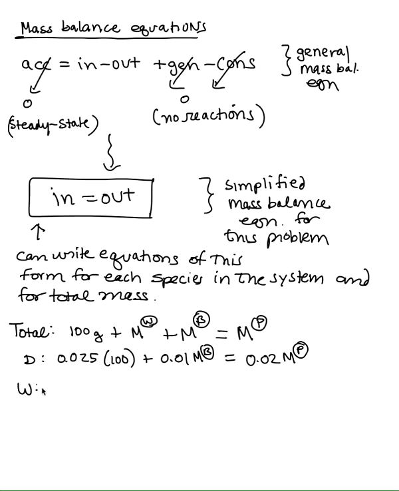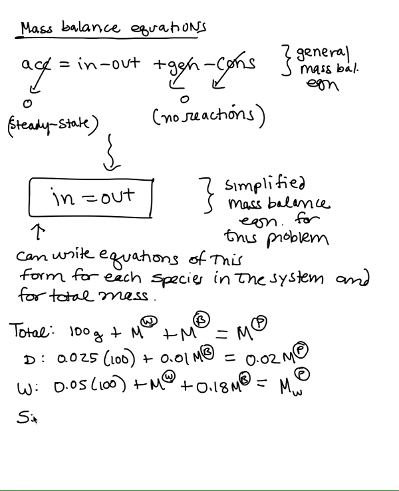We can now write a mass balance equation for water. It's 5% of stream C, there's a water stream that's 100% water, and then there's stream B, which is 18% water. And that's going to equal the mass of water in stream P.